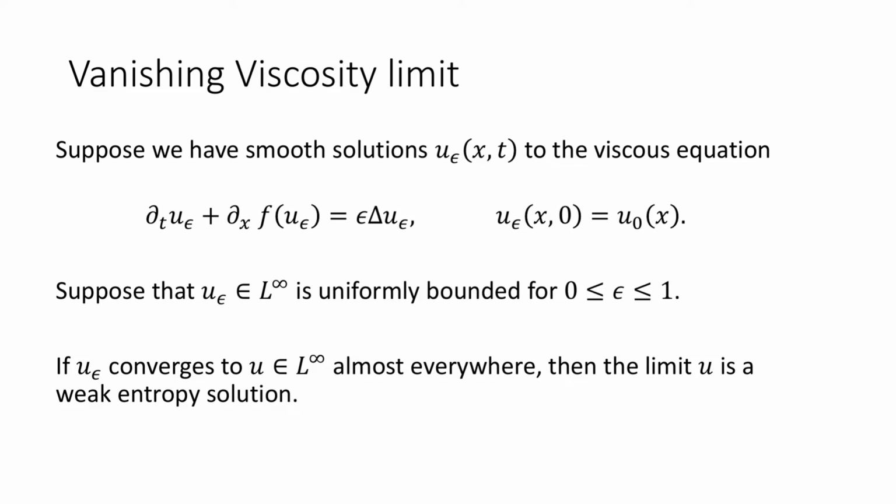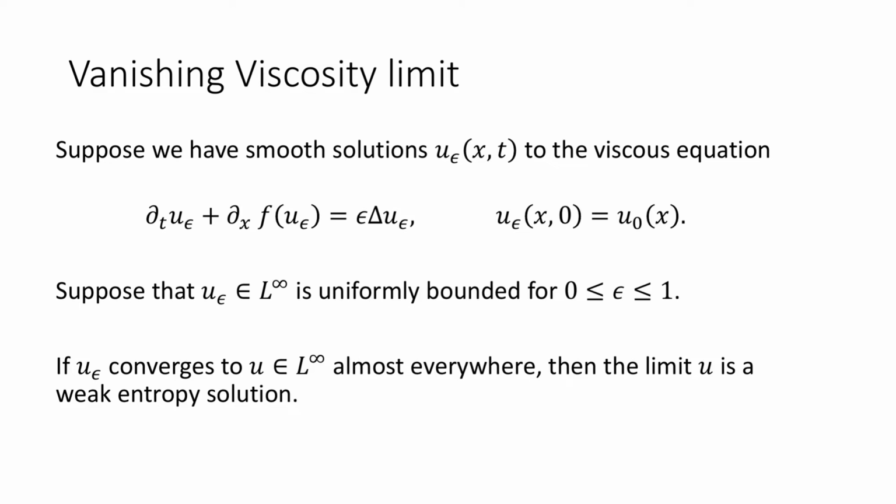We have initial data u^ε(x,0) equal to u_0(x). This new partial differential equation can be interpreted as a modification of our conservation law, where we now have introduced this viscosity term, ε times Laplacian u^ε, on the right-hand side. Conversely, as ε goes to zero, we recover our conservation law.